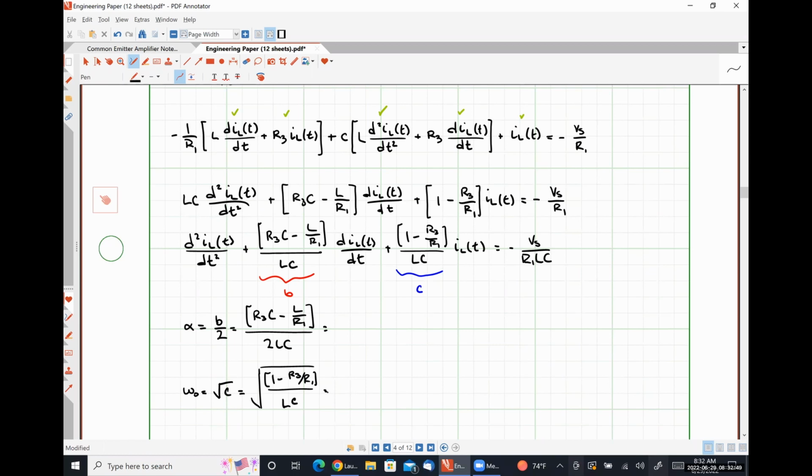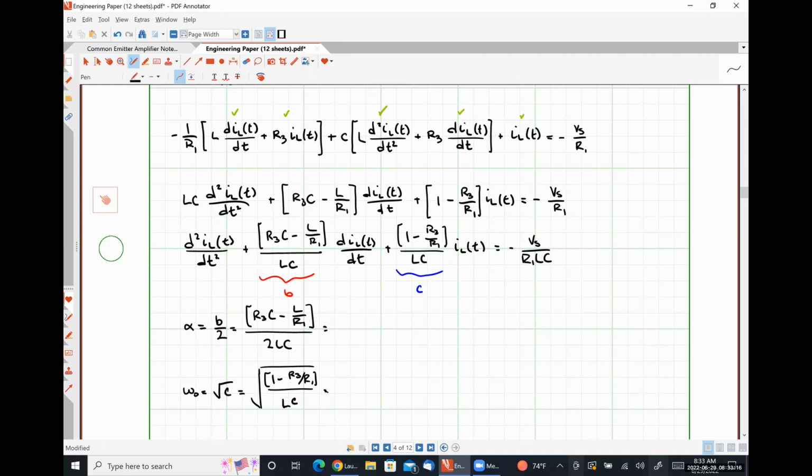So R3 was 20 ohms. Our capacitor value was 600 millifarads or 0.6, minus L, which was 50 millihenries, so that's 0.05 divided by R1, which was 10 ohms.